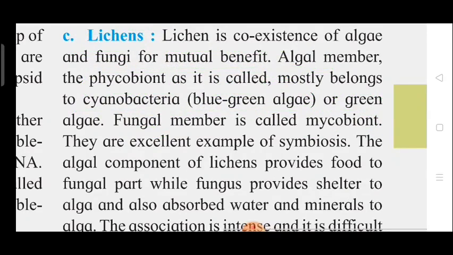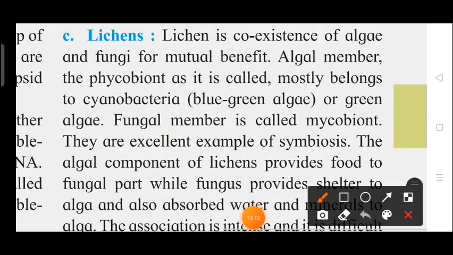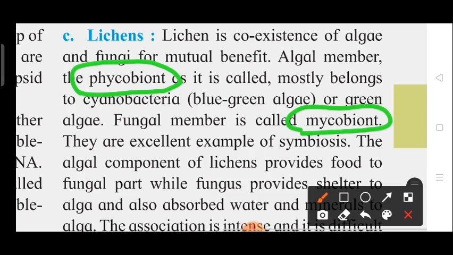There are two important words. If the algal member is present, it is called phycobiont, and if the fungal member is present, it is called mycobiont. They are an excellent example of symbiosis, where two different organisms live together and provide benefits to each other.